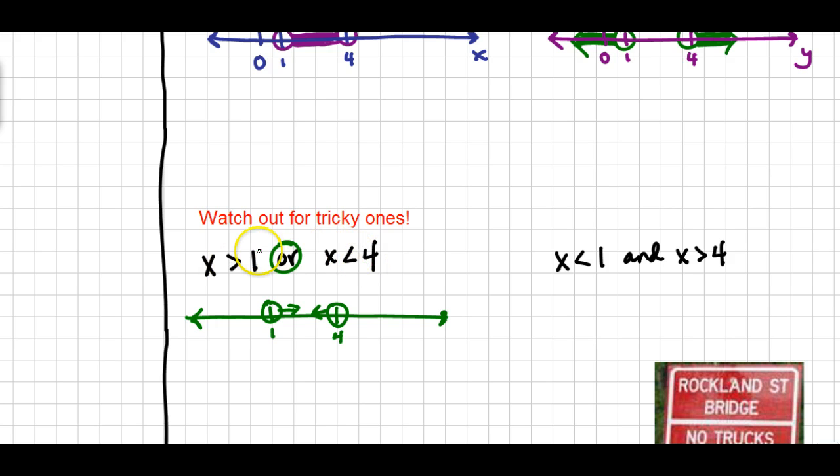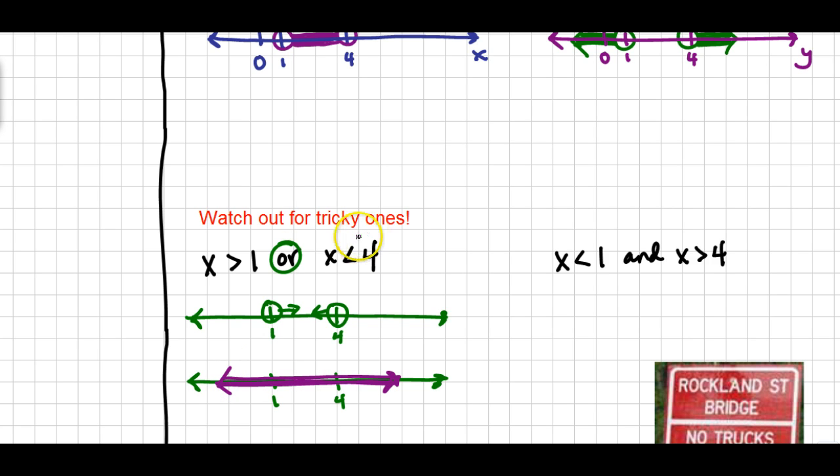All it has to do is satisfy 1 and it qualifies. So that means every number we can think of satisfies either one of those. So all we would need to do is include some values on the number line, and then we would simply draw a line over the top to indicate that all values will work.